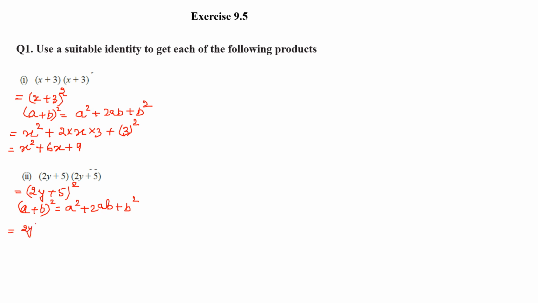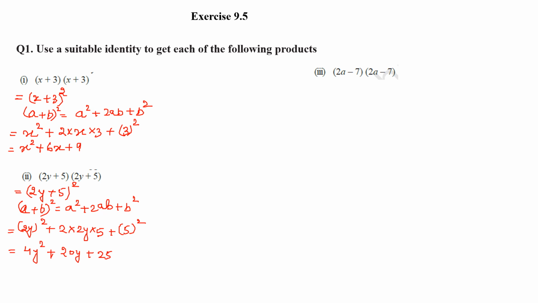So 2y whole square plus 2 into 2y into 5 plus 5 whole square. Now 2y whole square will give me 4y square plus 2 2s are 4, 4 into 5 is 20y plus 5 square is 25. So this is the second question.